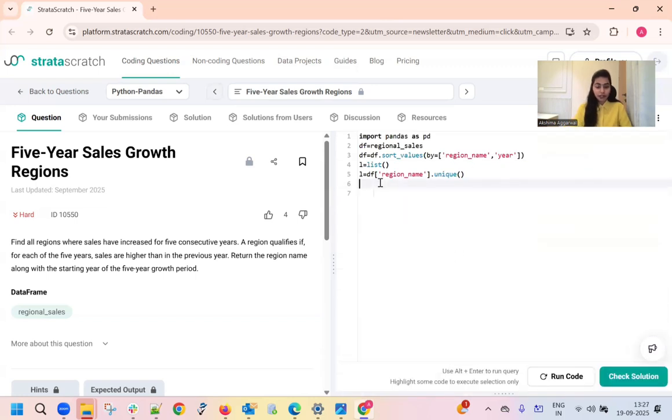Now, by using the for loop, we are going to see the number of rows of that particular region inside the data frame.